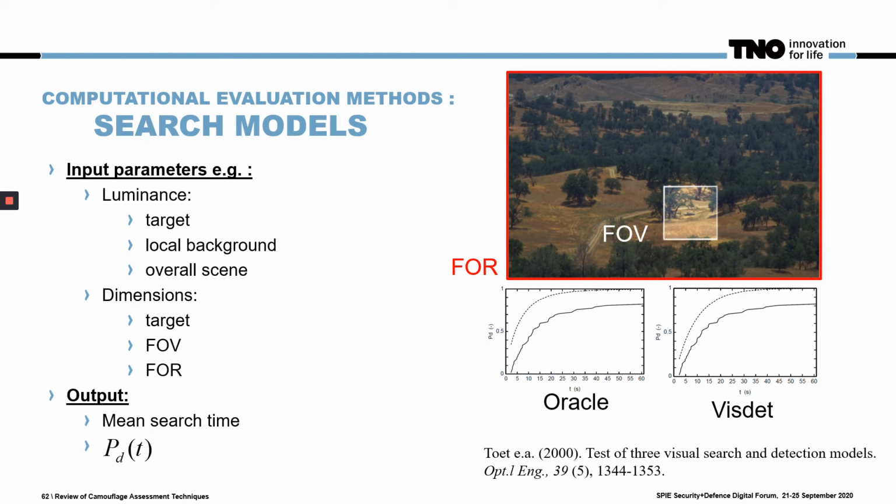These models use either imagery from the scene in question or a list of parameters describing the visual characteristic of the scene, for instance mean luminance of the target, of its local background, and of the overall scene, or the dimensions of both the target sector and the entire search sector, or the dimensions of the instantaneous field of view, etc., to predict cumulative target detection performance. Well-known models are for instance Oracle and VisDet.